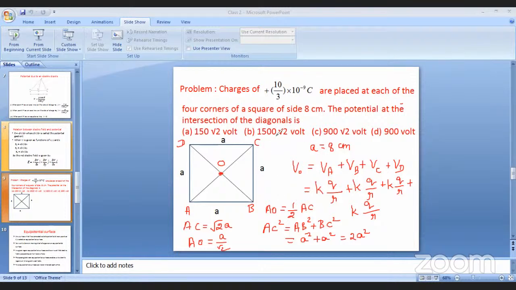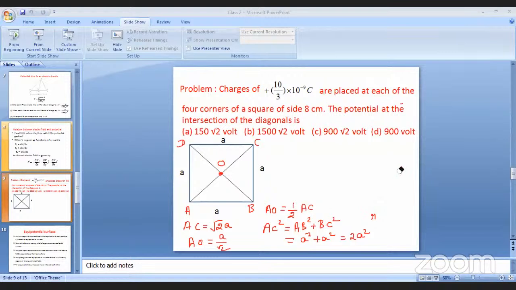Let me erase all these things so that I can write a few sentences here. Since all the potential values are equal, the total potential is 4 times the potential due to a single charge. So V at this point O equal to 4 into 9 into 10 power 9 into single charge, that is 10 by 3 into 10 power minus 9, divided by A by root 2.